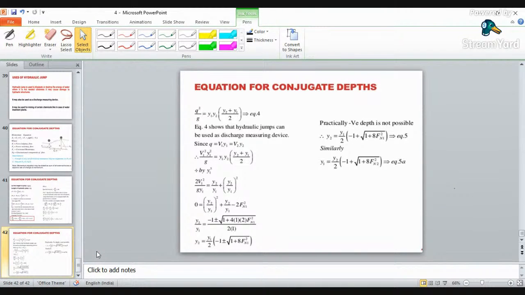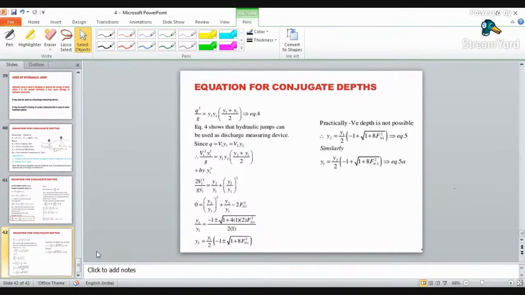So in open channel flow, there are 5 to 6 main formulas by which you can solve all the numerical type problems. Number 1 is related to the hydraulic jump, that is y1 is equal to y2 by 2 in bracket minus 1 plus square root of 1 plus 8 Fr2 square. The second one is the critical depth, that is (q square by g) to the power 1 by 3.